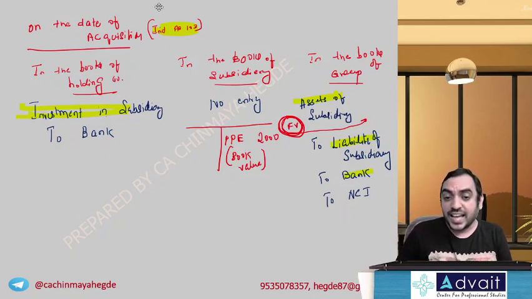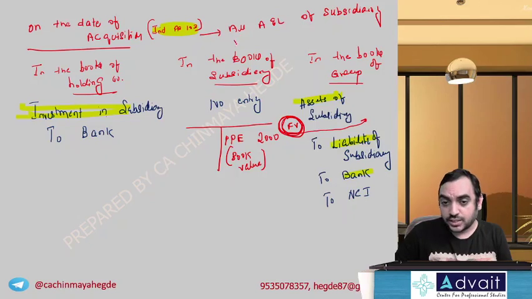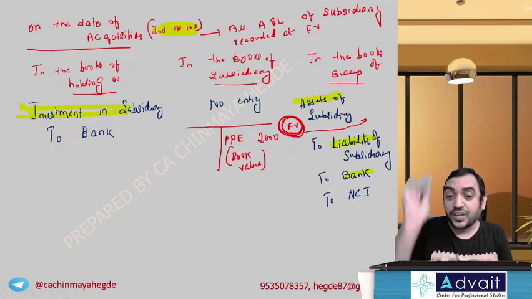The standard says, as per Ind AS 103, all assets and liabilities of the subsidiary company, basically the acquiree, are recorded at fair value on the date of acquisition.